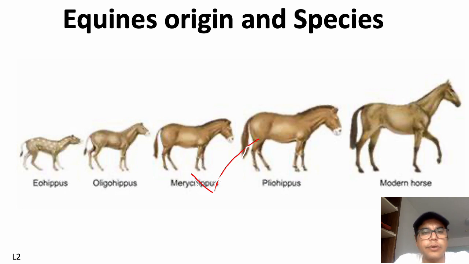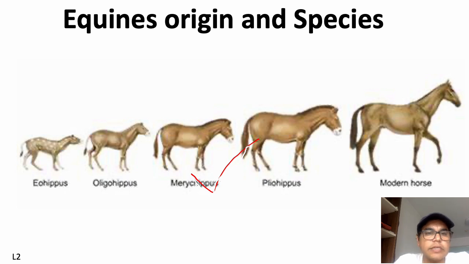Talking about the origin of the horses, the modern horse has evolved. The present morphological structure of the horse that we see was not as it looks now. So it has evolved from the heifers.